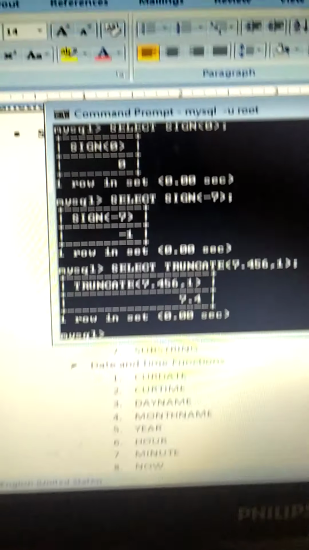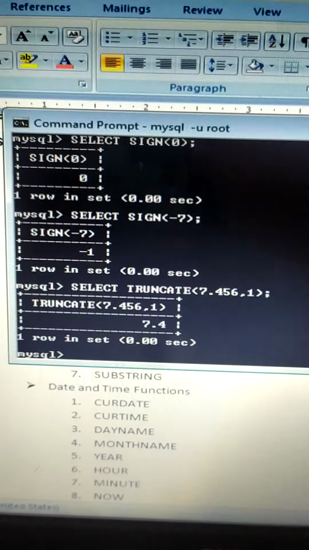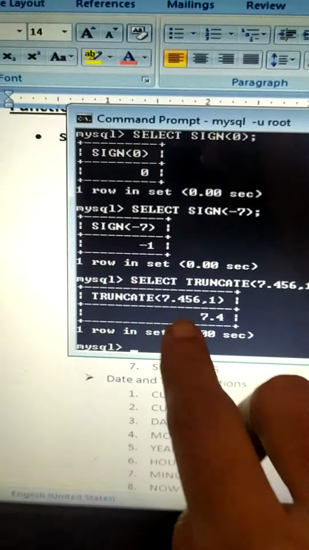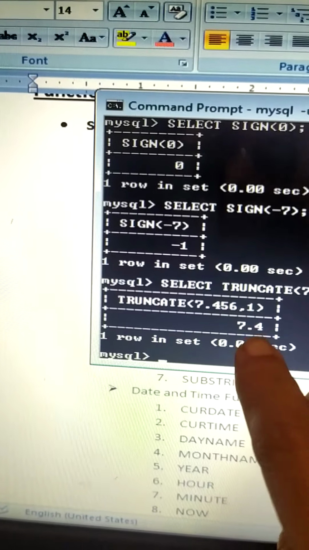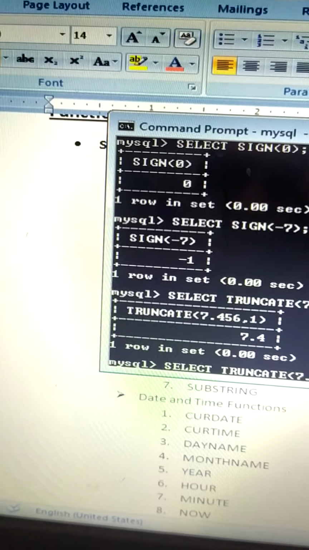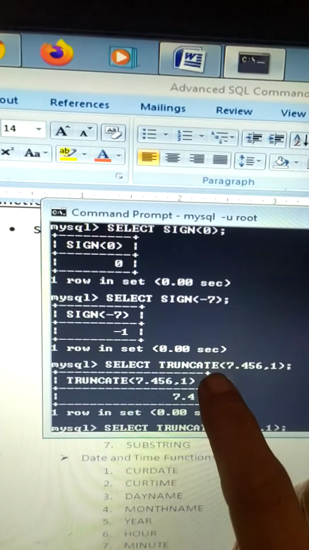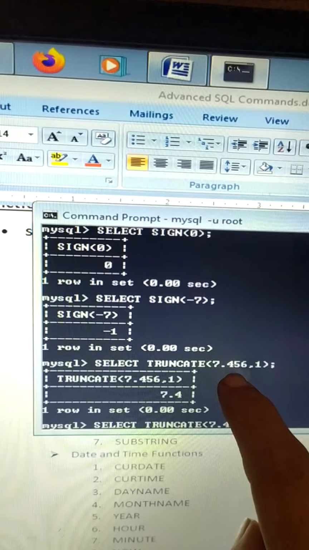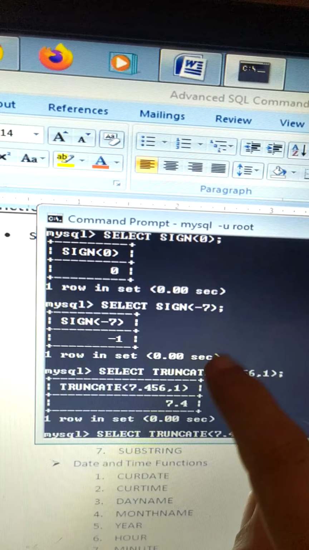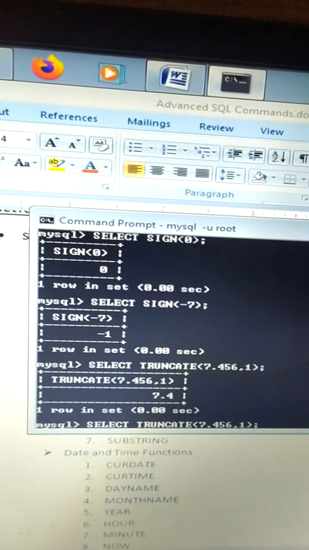So I'll execute it. So what has it returned? 7.4. That means only a single digit after the decimal point will be displayed. Here truncate 7.456, 1 means it will return only one digit after the decimal, that is 7.4.